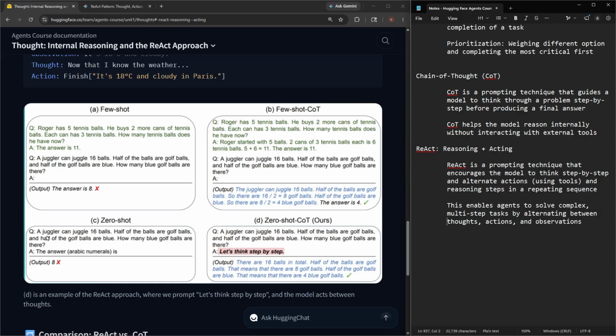Zero shot. The juggler can blah. The answer is Arabic numerals. And then it does the same thing as this one. That's weird. All right. And then it says, let's think step by step on this one, and then the output is blah.